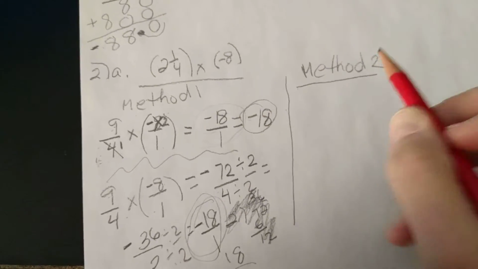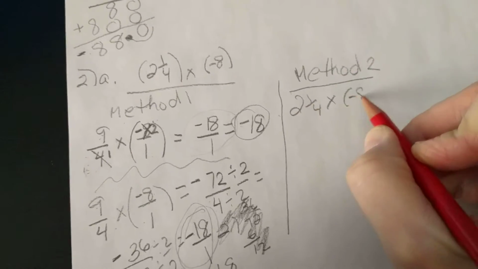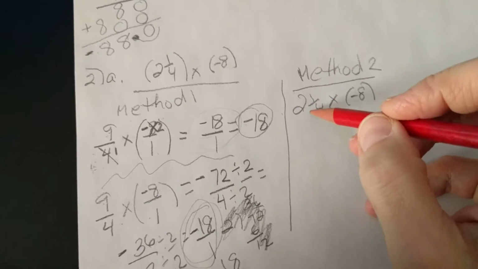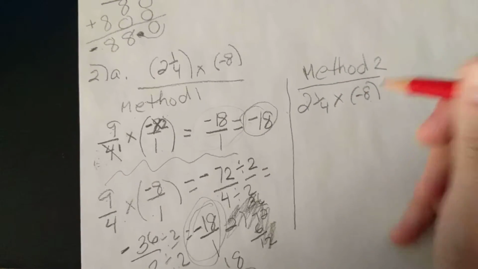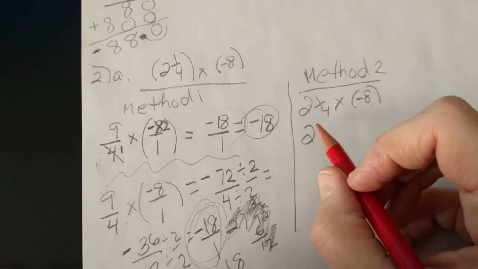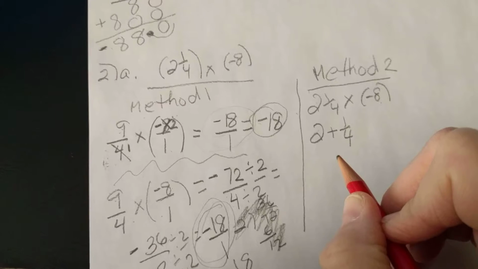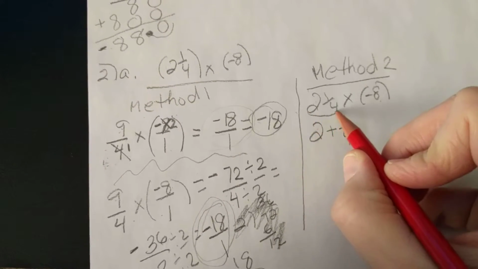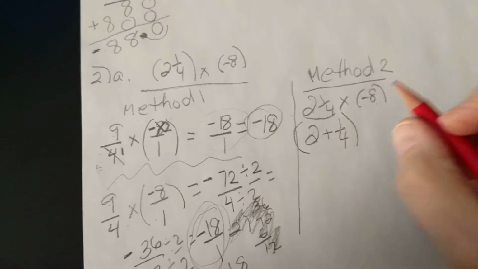Now here's method 2. Method 2 is to take 2 1/4 times negative 8. What I want to do is I want to take this whole fraction and multiply it by negative 8. But I can take 2 1/4 and break it down to 2 plus 1/4. So all I did was take this fraction and write it into 2 separate pieces.